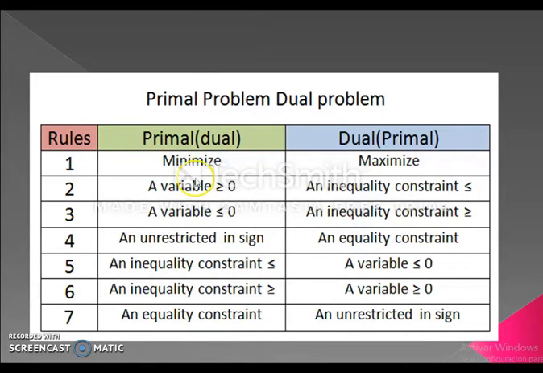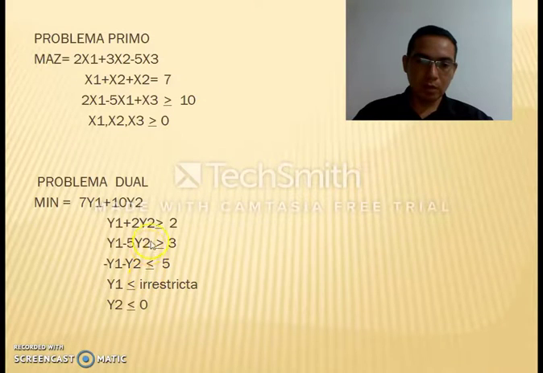For the primal-dual inequality constraint, dual greater than or equal, a variable greater than or equal to zero. The dual problem will happen with the opposite direction, and greater than or equal constraints always pass to the right side. 2, 3, 5.